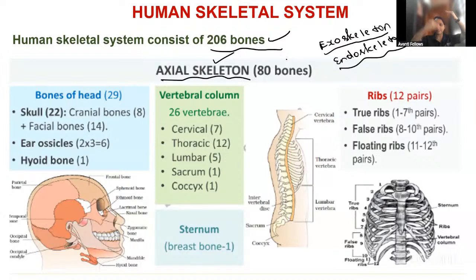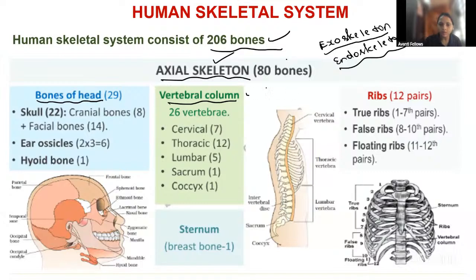If you see like this, whichever bones come here are nothing but the axial skeleton. Here you can see the bones of the head and vertebral column.